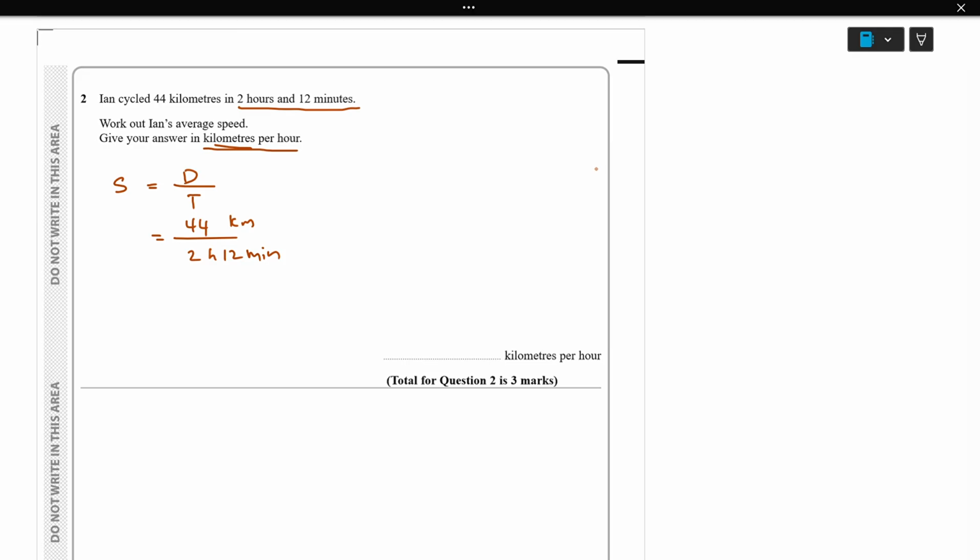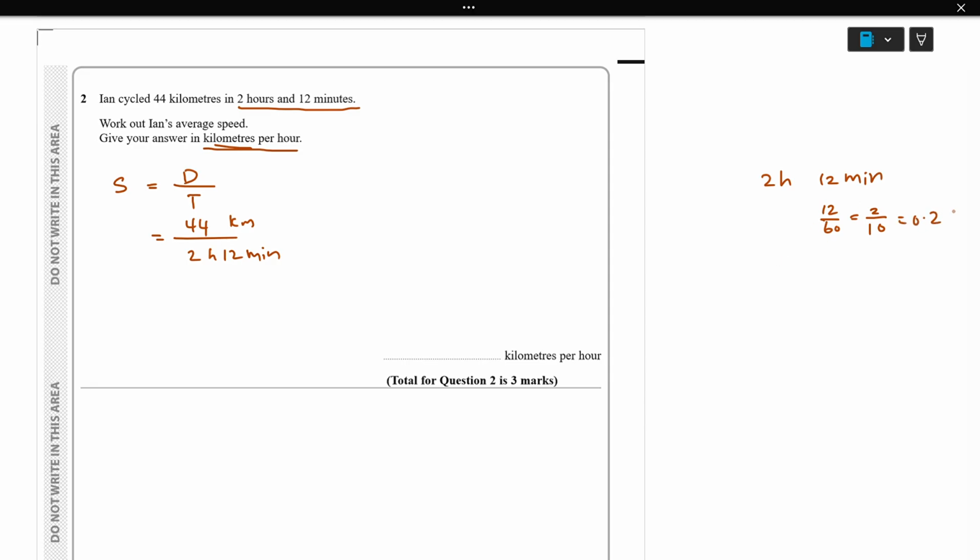So we have to change 2 hours 12 minutes into hours. The 2 is already in hours, so no problem. For 12 minutes, we divide by 60, and going for the lowest terms, we divide by 6 to get 2 over 10, which is 0.2.